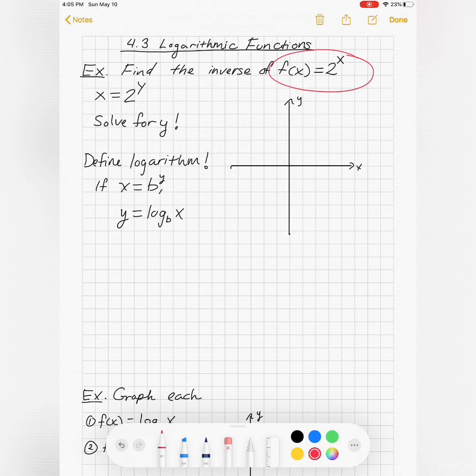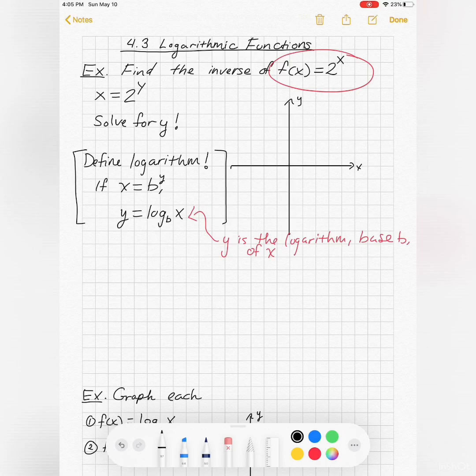So we read that: y is the logarithm base b of x. Okay, so that's our little definition.